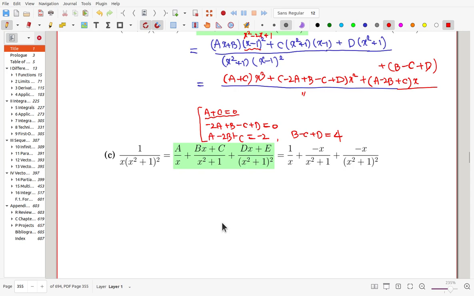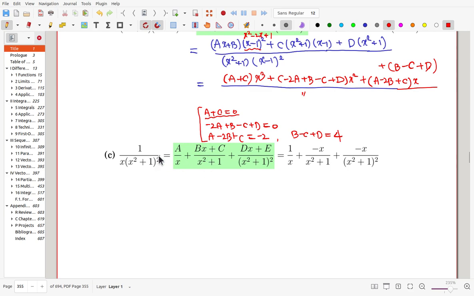Now, for this one, for the denominator, one linear factor and a quadratic factor has power 2. For that one, for x, you may start with A over x. Now for this quadratic factor, the numerator must be linear. So it's quadratic and must be linear.